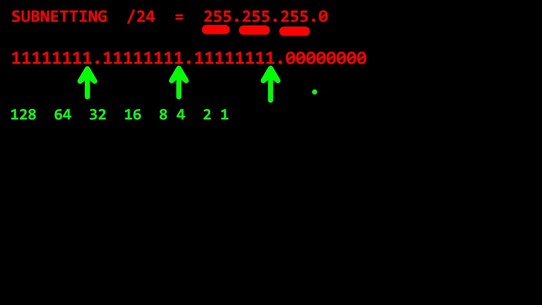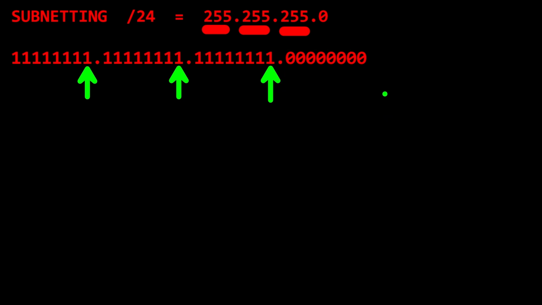But with this method, to figure out our range of available IPs, we're not going to count with the number 1 on the far right. We're instead going to count with the number 2, and we're going to double it with each jump to the left until we get to the ones, and then we're going to stop.